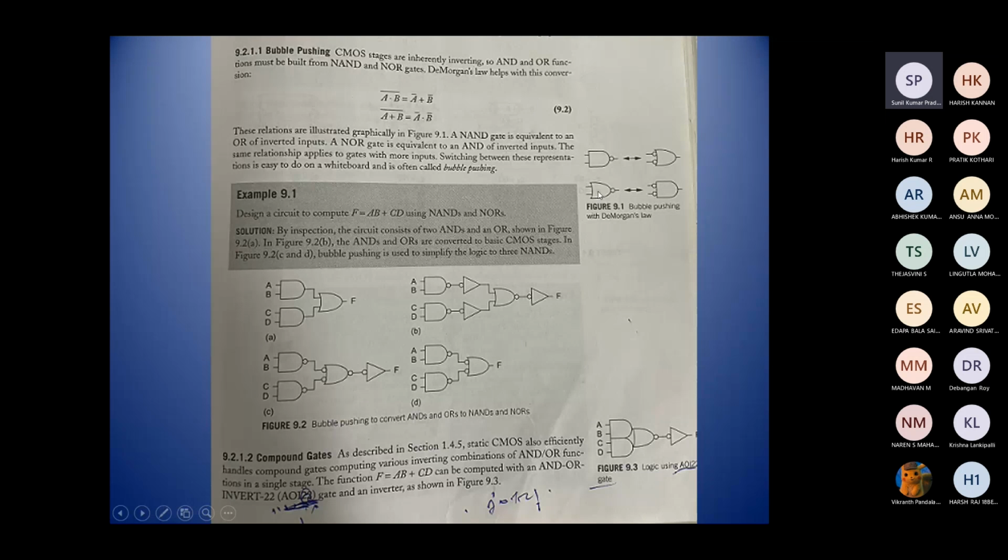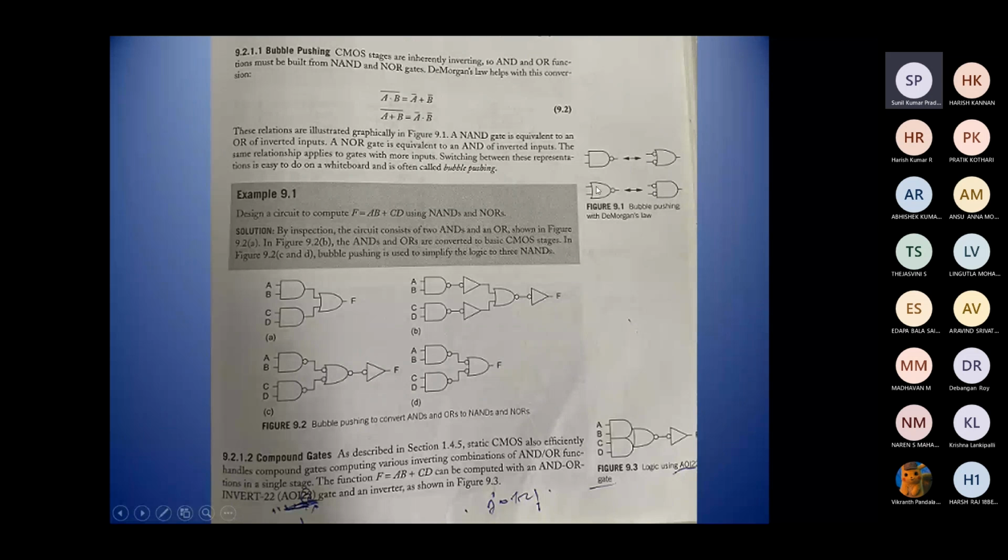Similarly, when we have a NOR operation, NOR means we have an OR operation and then a NOT operation. If you can see here, there is an OR gate, and after that we have a NOT operation. That makes the NOR gate. But if you take bubble pushing into consideration, we have an AND gate with two bubbles before it.